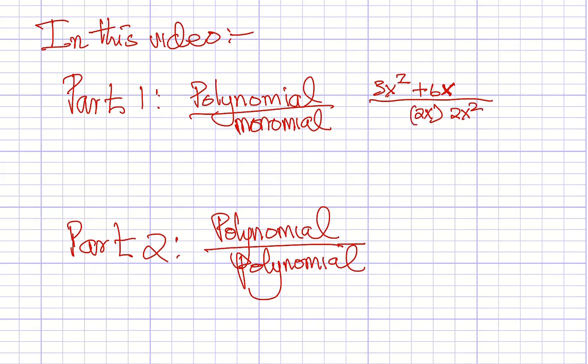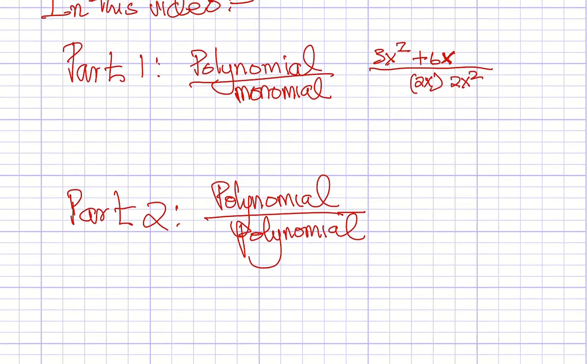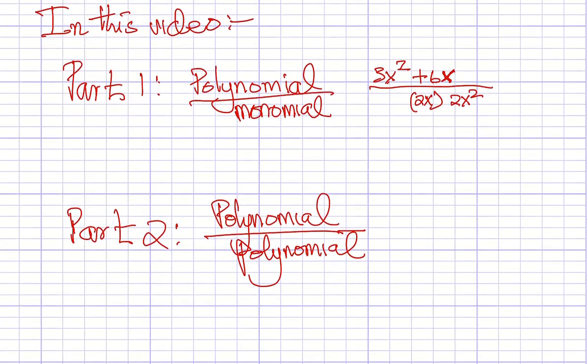And then the second part is gonna be dividing polynomial with polynomial, but most of the time the numerator will be a long polynomial, and the denominator may be a binomial. I think most of the examples I have are binomial. Like you could have something like 6x raised to the power 4 plus 3.